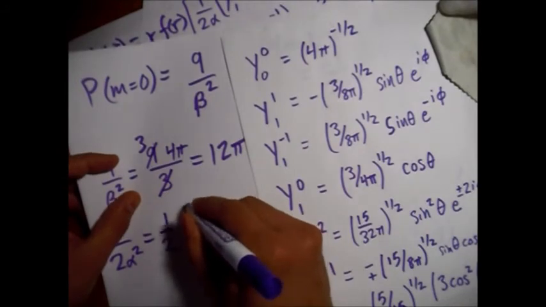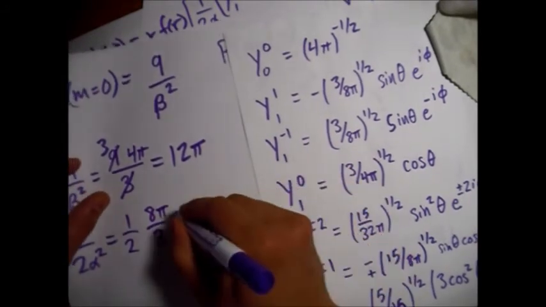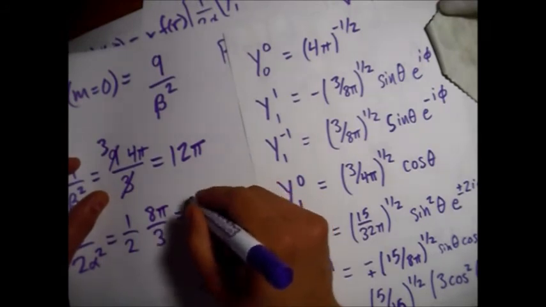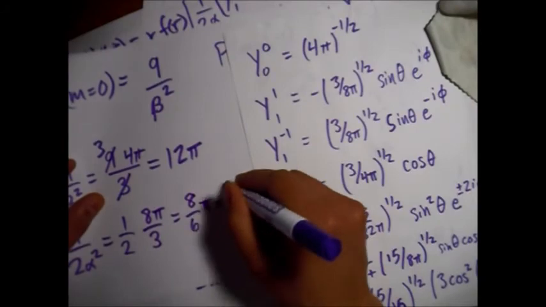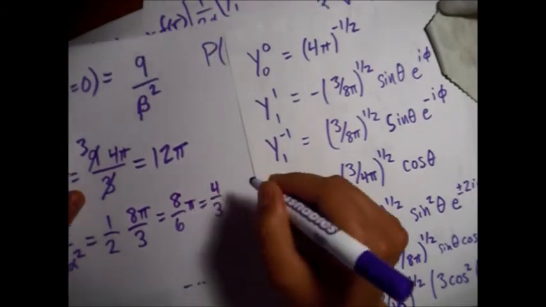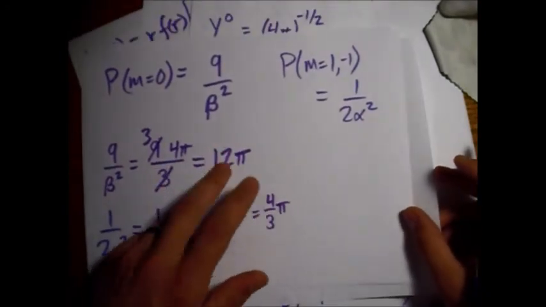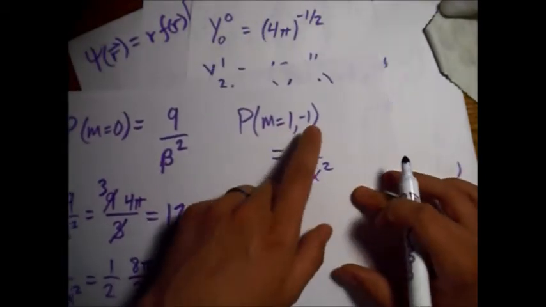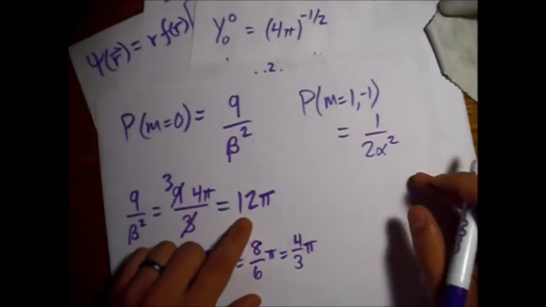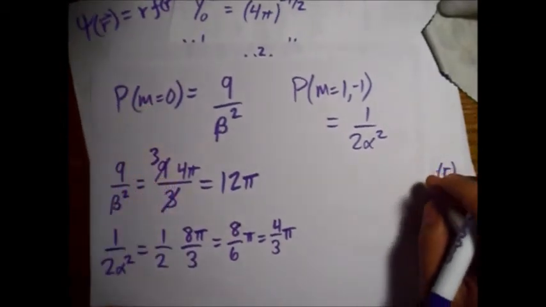So we have an 8 pi on the top and a 3 on the bottom, and we get 8/6 pi, which equals 4/3 pi. Alright, so here's our 2 probabilities. We have 2 of this one for m equals 1 and -1, and we have a much larger number, 12 pi, for m equals 0.